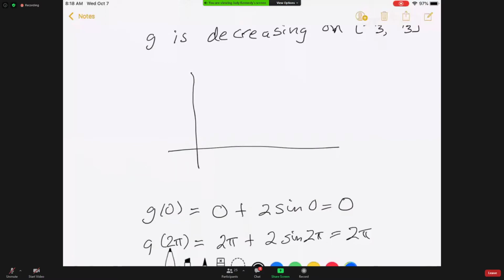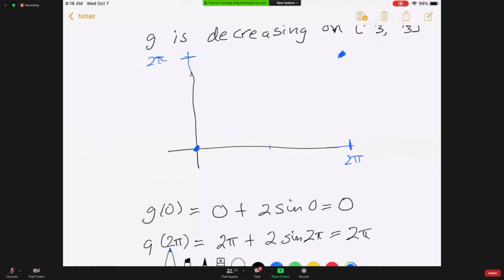Okay, so what does the graph look like? G of 0 is 0. Let's see. I'll call that 2 pi. That point's on there. Those are the 2 endpoints.